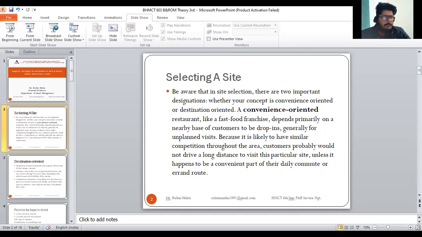Because you have some kind of different attraction over there, like different availability of food, the taste you are giving to them. When they come over there, they can stay for 2 to 3 or 4 hours. Okay, they may click pictures, they may play games over there.